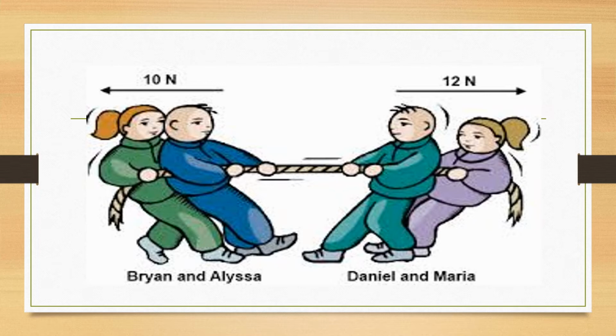For example, one group of children is exerting 12 Newton force, and the other group is exerting 10 Newton force in the opposite direction. Then the resultant force is 12 minus 10, that is 2 Newton.